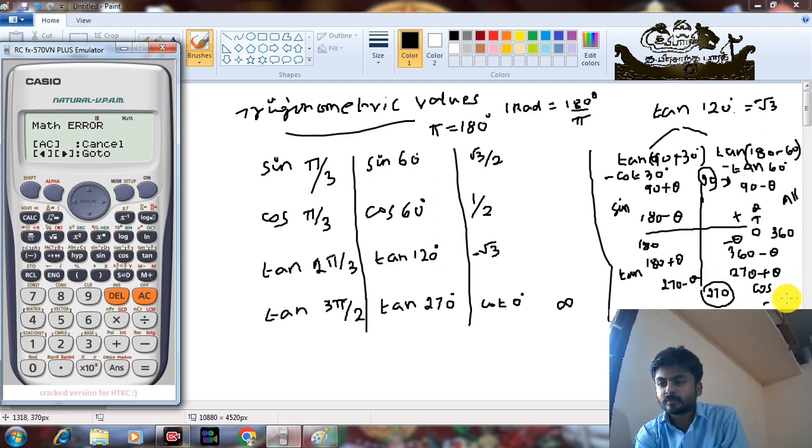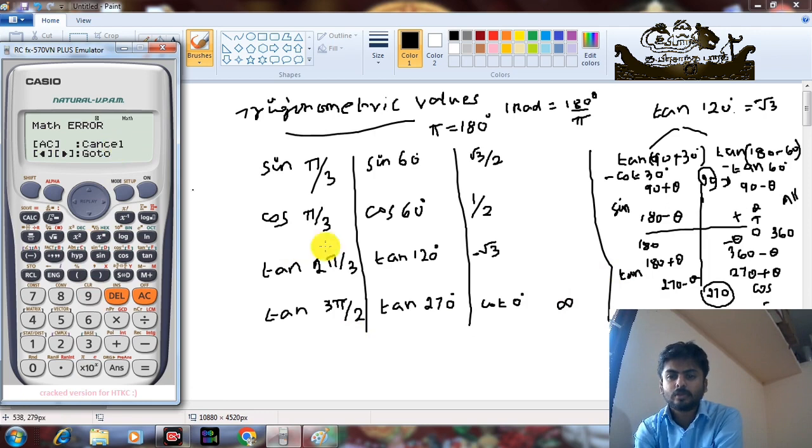But here only the cos term is positive, so we will have minus infinity. But one thing we have to remember: first we have to give preference to minus theta, and only then to plus theta. So here we are having a math error, which means infinity.